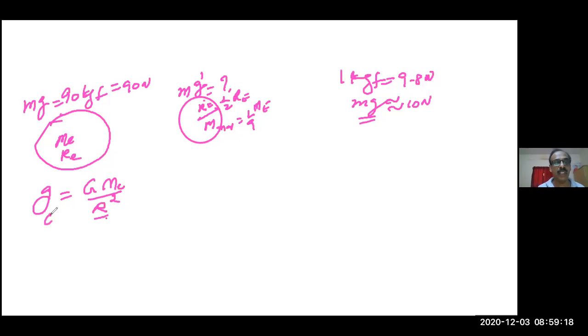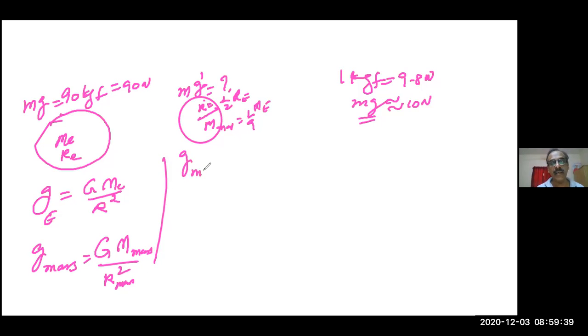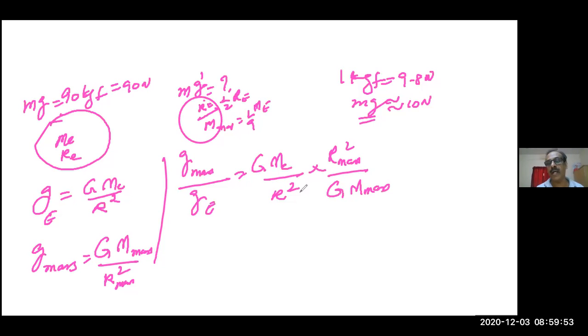First, g on the earth, g_E is equal to G M_E by R squared. Second, g on Mars is equal to G M_Mars divided by R_Mars squared. Dividing, g Mars divided by g Earth is equal to G M_Mars divided by R_Mars squared into R_E squared divided by G M_E. G cancels.